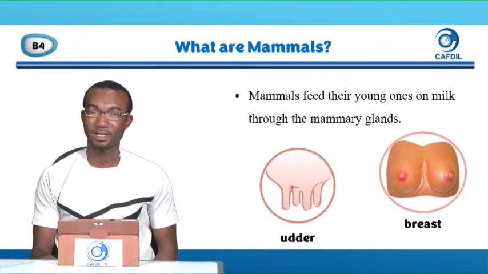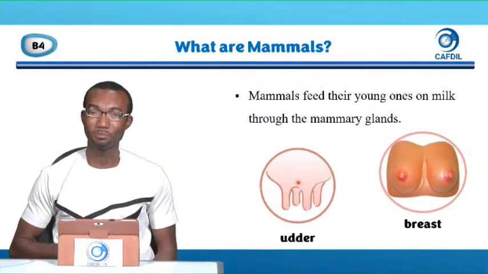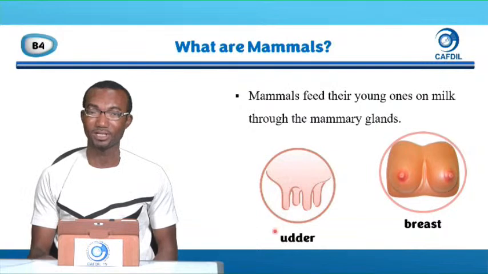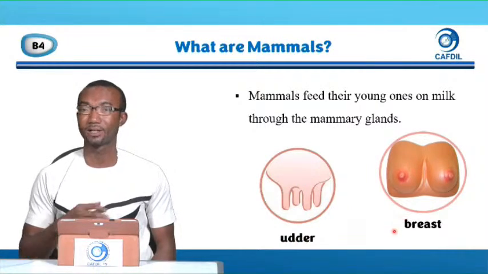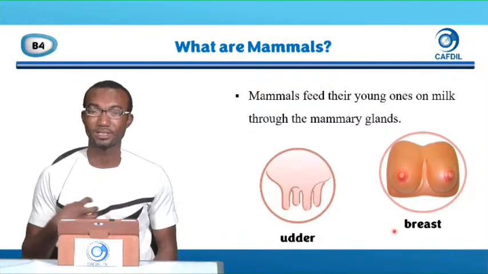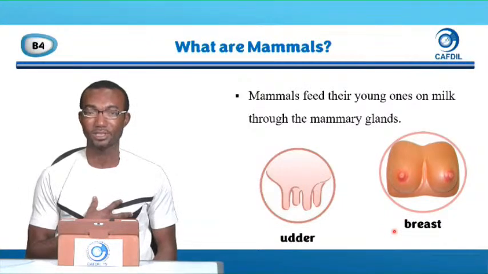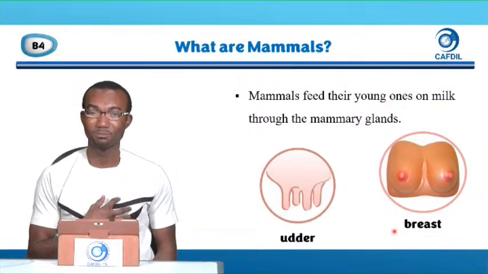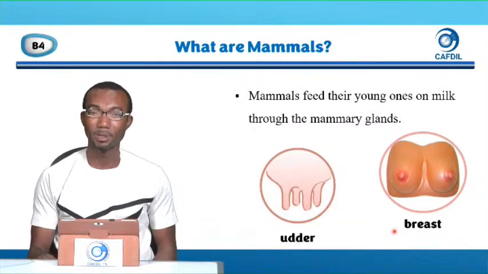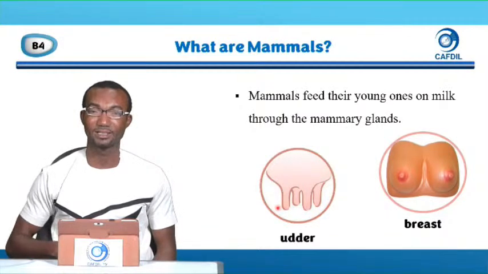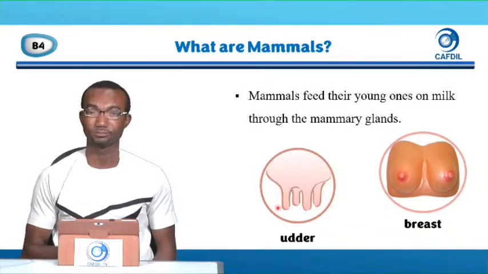Kids, if the mammary glands are located at the abdomen of the animal, we call it udder. If the mammary glands are located on the chest, we call it breast. So that is the difference. Most animals have udder because the mammary glands are located at their abdomen.